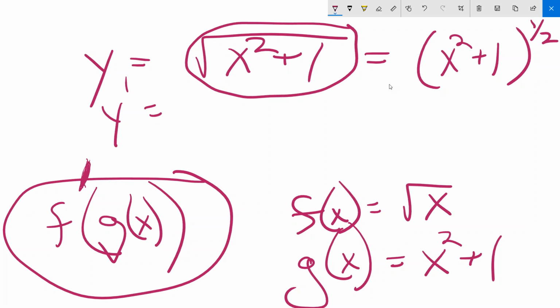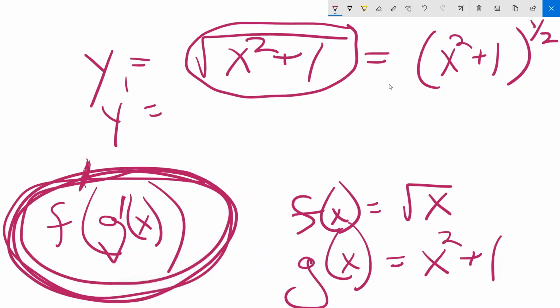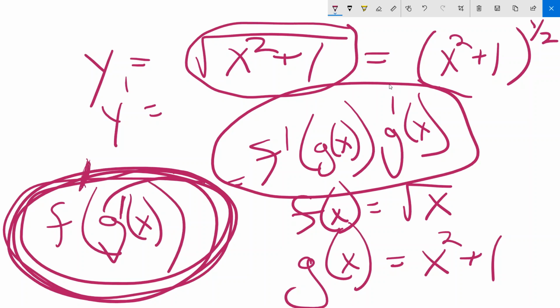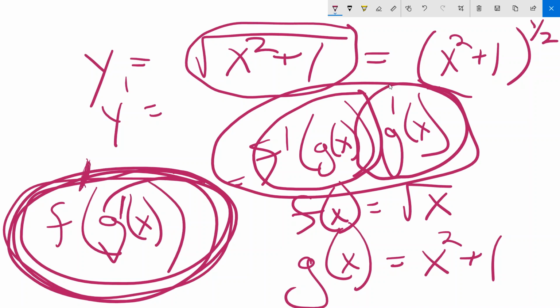And then you do the derivative of the inside, and you multiply. So if I'm taking the derivative of f of g of x, I'm going to do f prime of g of x times g prime of x. That's where the verbal comes from, where you take the derivative of the outside times the derivative of the inside.